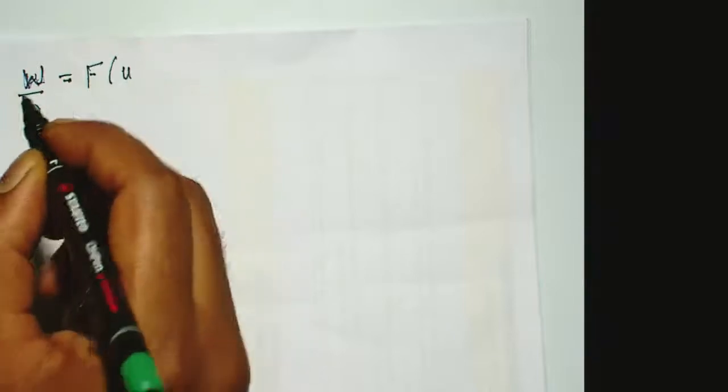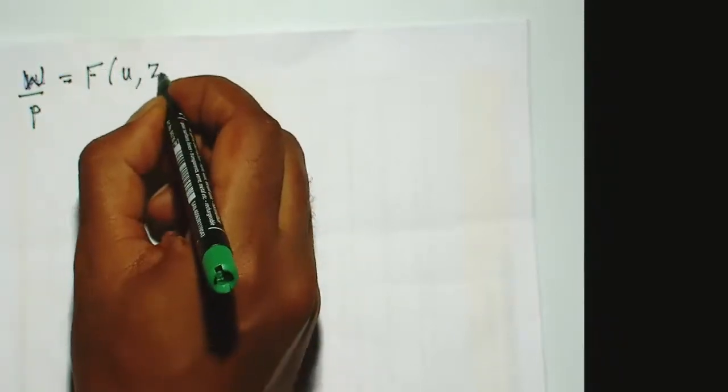So first, let's look at our first formula, which was given in the question, which says W over P is a function of U, the unemployment rate, and Z, the exogenous variables.